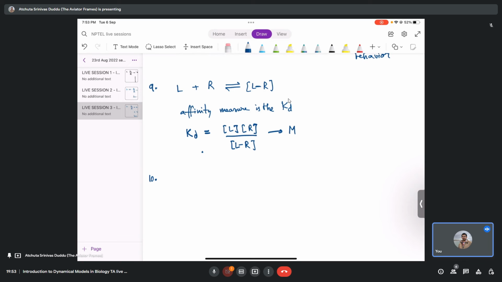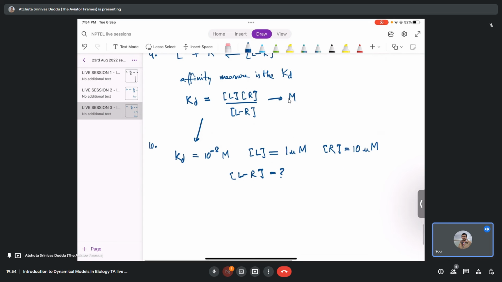It's essentially the same equation. KD value is given as 10 power minus 8 molar. L, which is the free ligand, is given as 1 micromolar, and free receptor concentration is given as 10 micromolar. And they're just asking us to find LR, that is the complex concentration. It's just a matter of substituting these values.